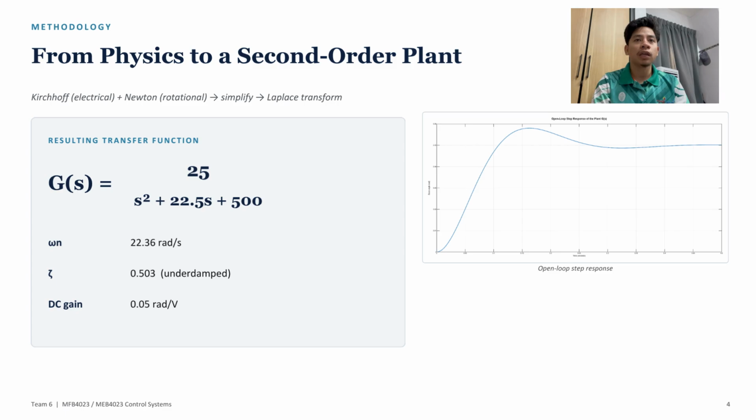From that, we get a natural frequency of 22.36 radians per second and a damping ratio of 0.503. So it is underdamped, and you can actually see that ringing in the open loop step response on the right.